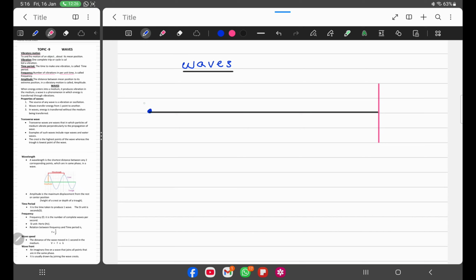When I vibrate my hand up and down, the kinetic energy of my hand enters into the string, and then you will observe the string starts motion like this.